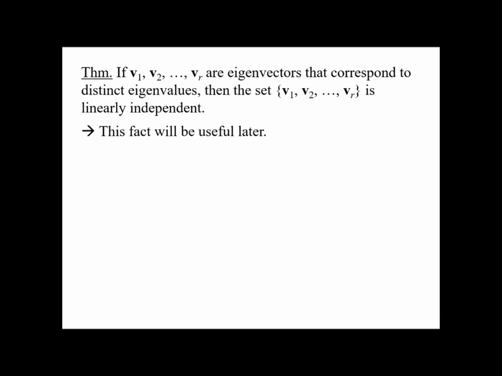I mention that because, and I don't think we're going to get into it in this class, one eigenvalue could correspond to more than one eigenvector. I really don't want to get into it any more than that, but basically we're just assuming that v1, v2 up through vr correspond to distinct eigenvalues. The observation here is that the set of those vectors is linearly independent, and we're going to come back to that a little bit later.